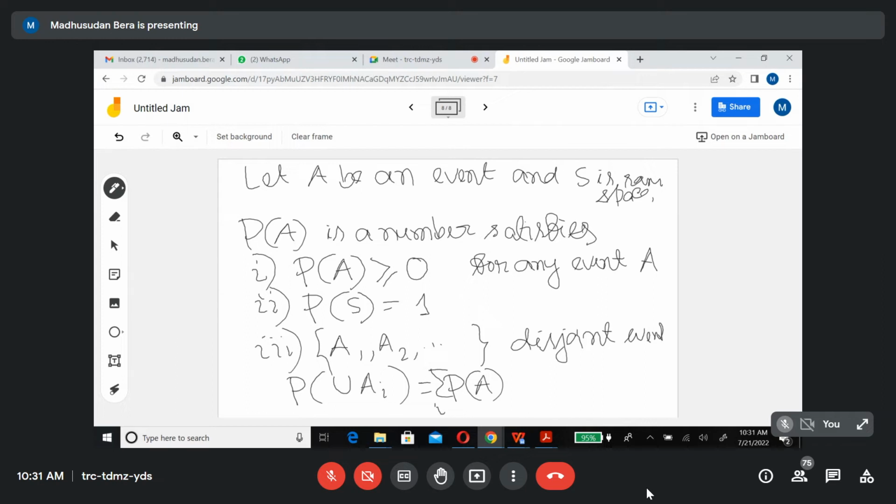That is for disjoint events or mutually exclusive events. If these three properties are satisfied, then it is called probability.